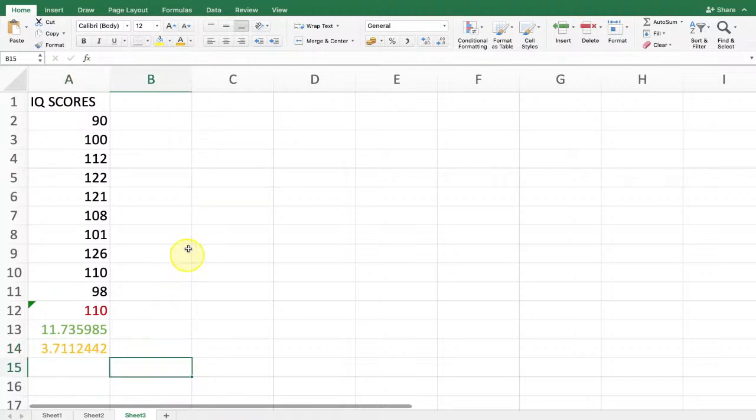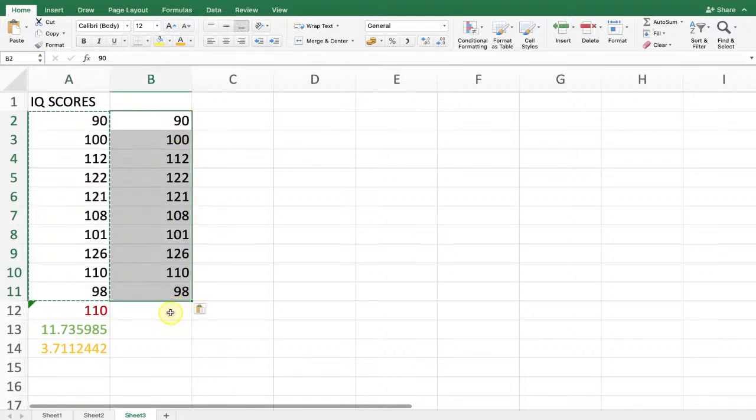Now let's extend. Dagdagan natin. What about if there are 15 students? So let's say 15 students now. I will just copy the first 10, Control, and then paste.